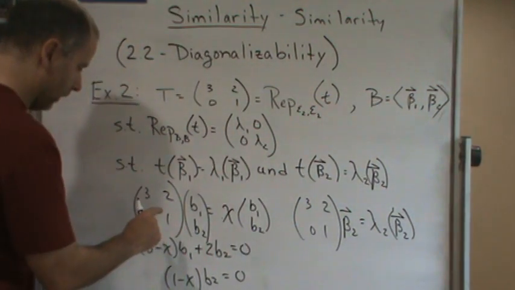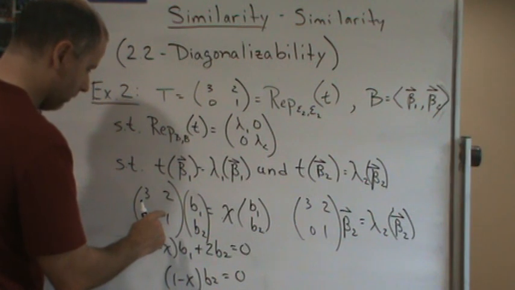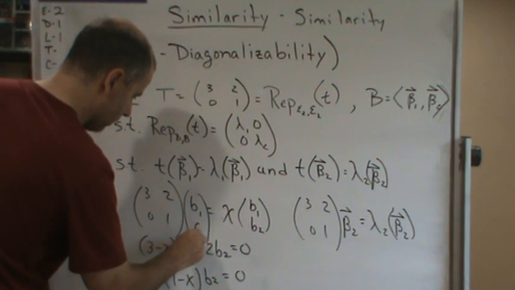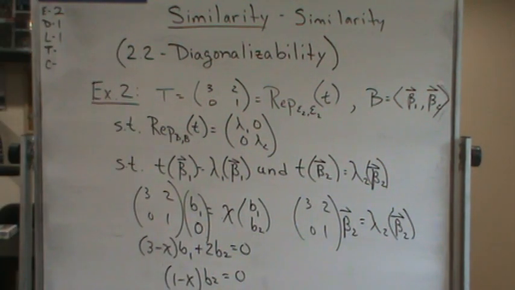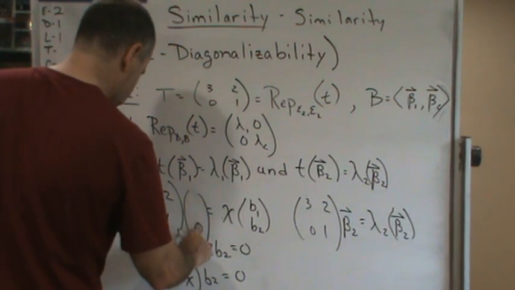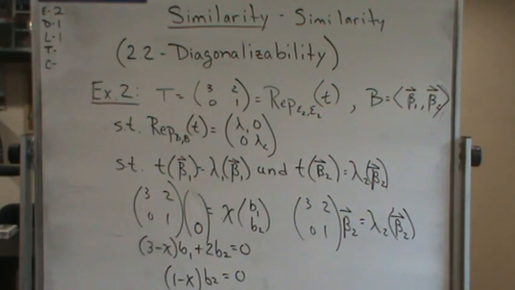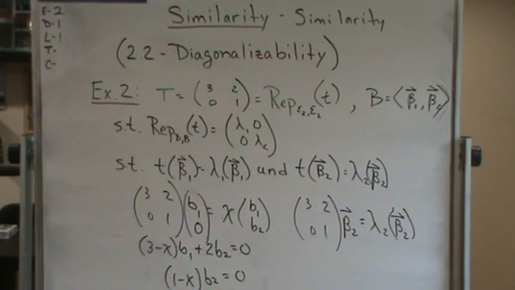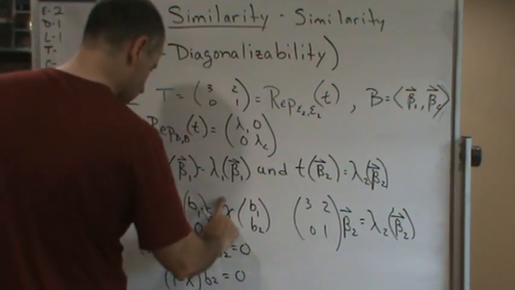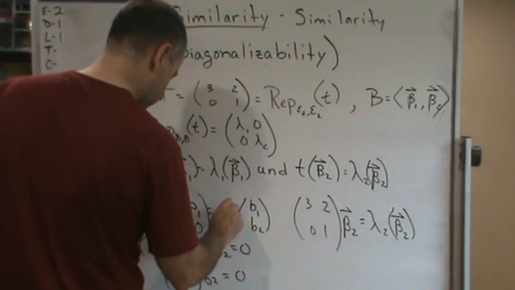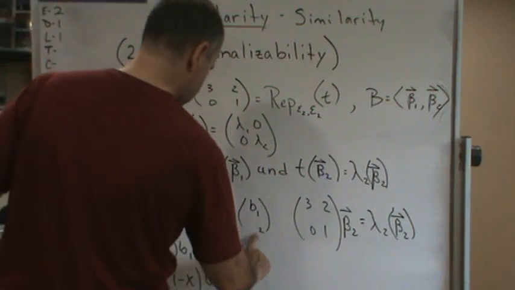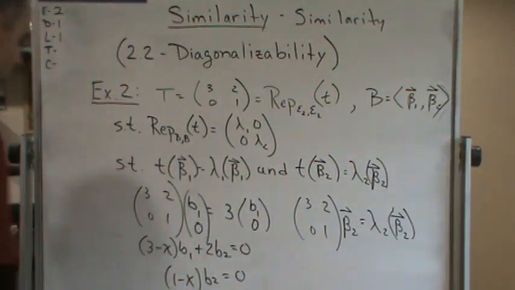Oh, here, I'll just do it here. So excuse me, I'm sorry. Okay. 3, 2, 0, 1, does that give us where? Oh, and then of course, that's 3. Like so.